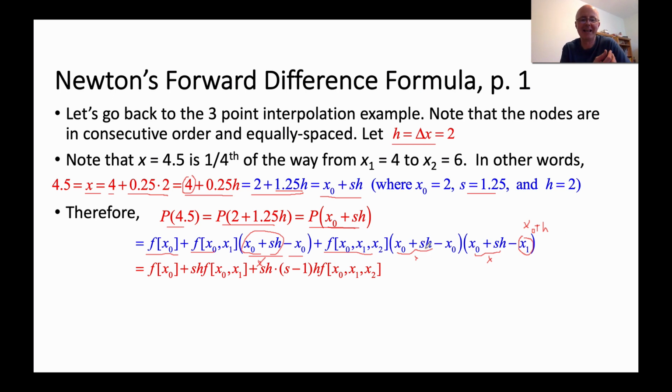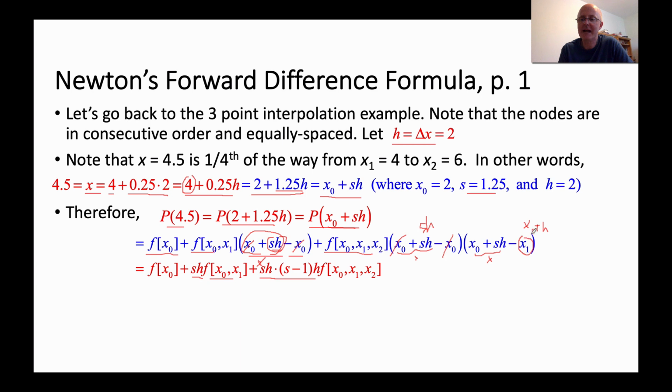Focusing on the fact, first of all, that the x0's cancel here and here, and I get s times h. That matches this. So this is f of x0, the 0th divided difference, plus s times h times this first divided difference. It comes from there. And then here I have an s times h times s minus 1 in parentheses times h. The two factors of h, well, this cancels here and here to give you s times h.